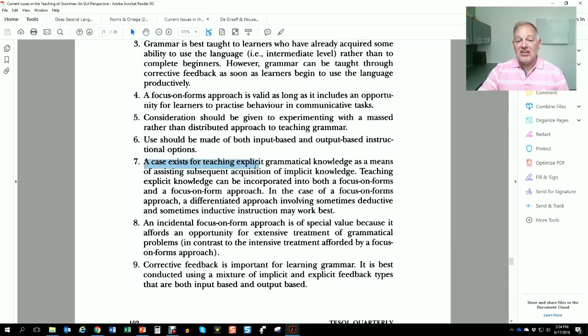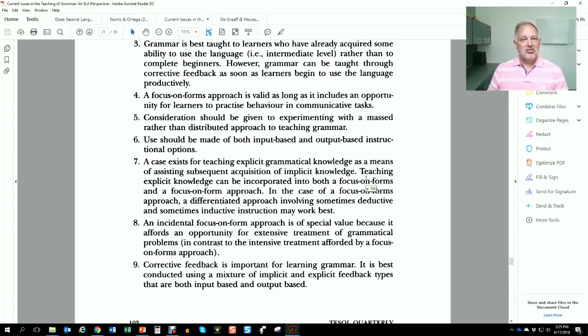Case exists for teaching explicit grammatical knowledge as a means for assisting subsequent acquisition of implicit knowledge. This is actually, number 7 is extremely controversial. Not that he's wrong, I couldn't tell you, but I can tell you that that is what he's basically saying, is there's a case that something you learn explicitly could assist you in deepening your implicit knowledge, and a lot of people don't agree with that.